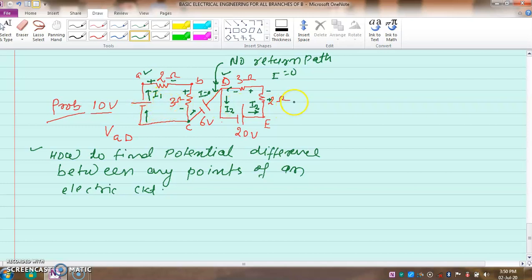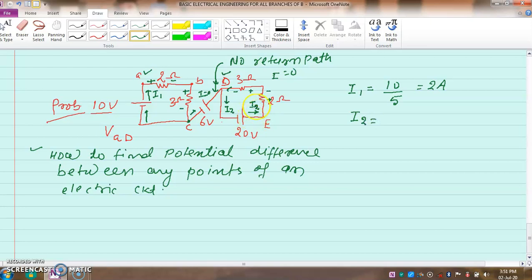For this closed path, you can very simply say I1 equals how much? I1 current goes through 2 ohm and 3 ohm in series, and 10 volt is the voltage source. So 10 divided by 5 as per Ohm's law equals 2 ampere. Similarly, you can find I2.